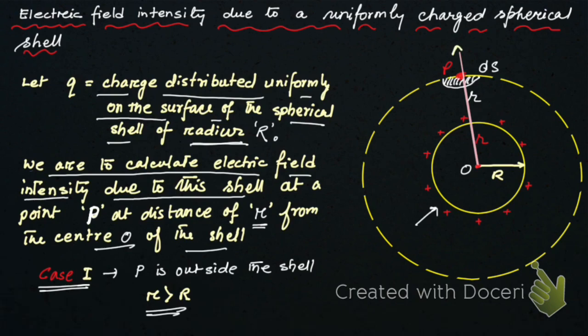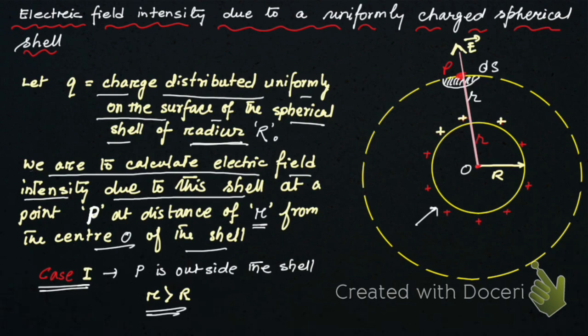If the shell is positively charged, it will be radially outward, because we know that the direction of electric field lines is radially outward from a positive charge. So it should be radially outward from the sphere. This is the direction of the electric field.